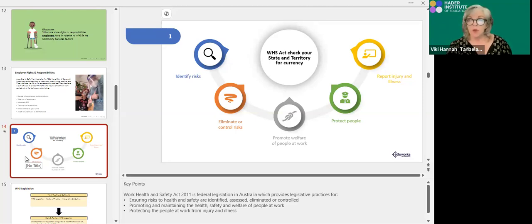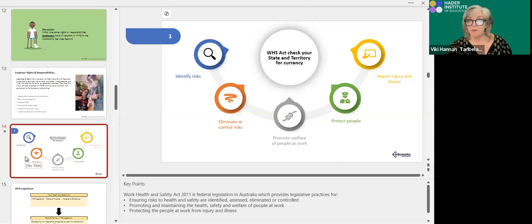So it's not all on the employer, it is also on the employee. You are both part of your employment contract. There are rights, but also responsibilities for both parties. It's a legal contract we enter into.